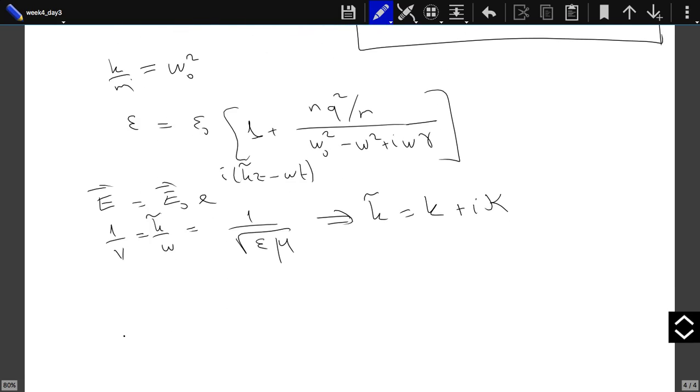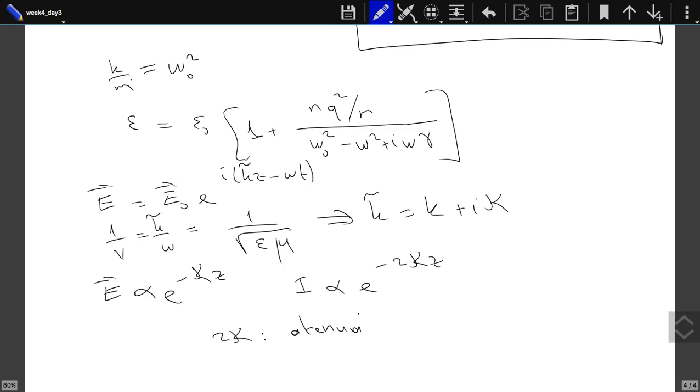And since it's close to one of the resonance frequencies, the imaginary part of this electric permittivity will be large. If the imaginary part is large, we have this kappa. The electric field is proportional to e to the power minus kappa z. The intensity is proportional to e to the power minus twice kappa z.